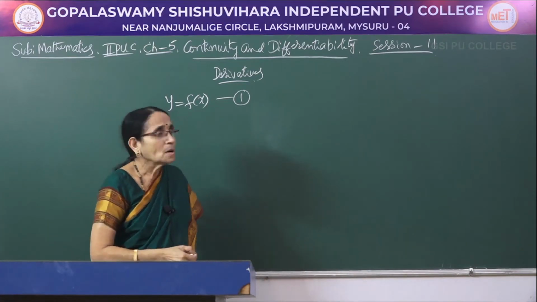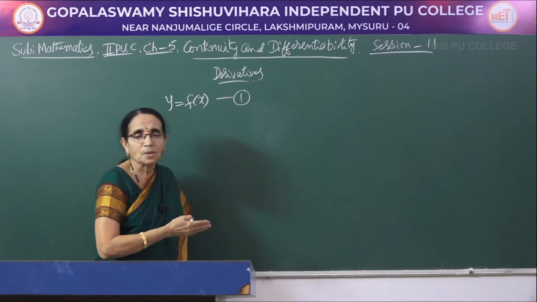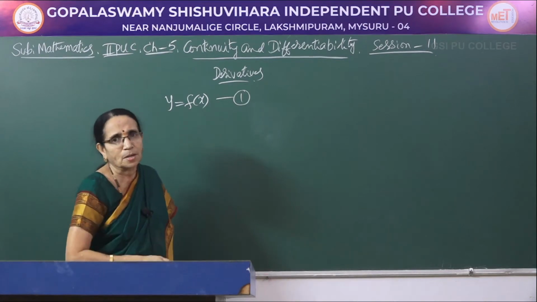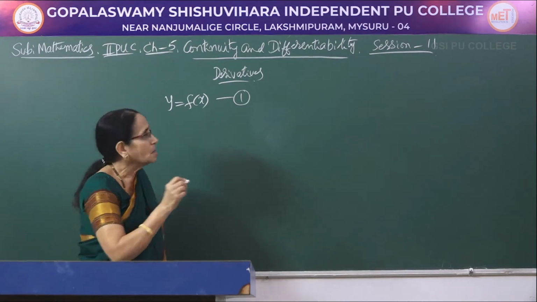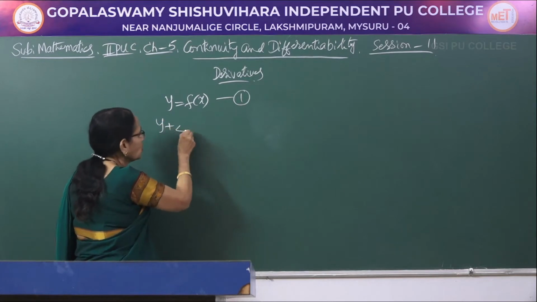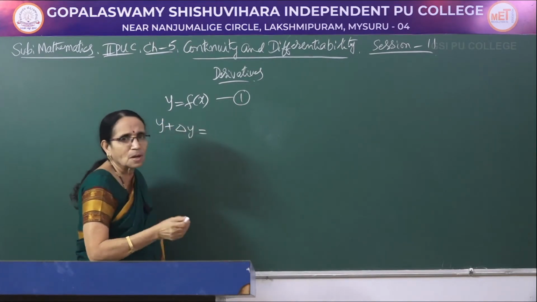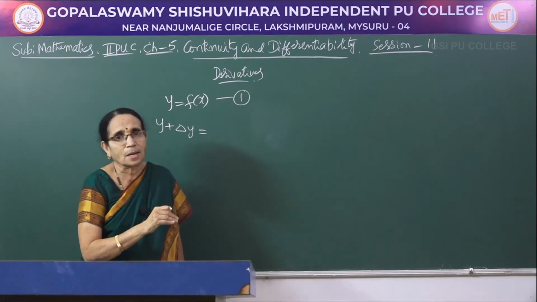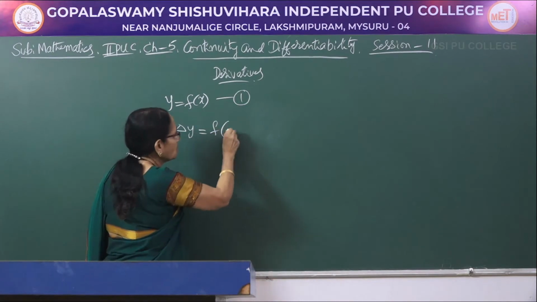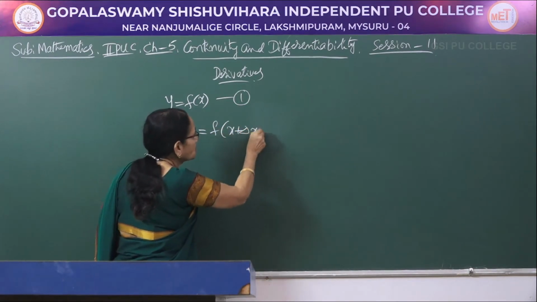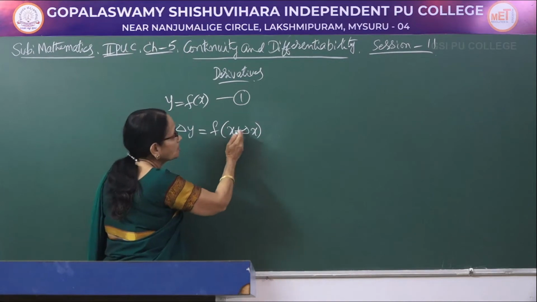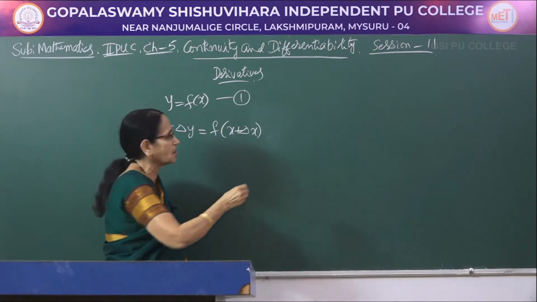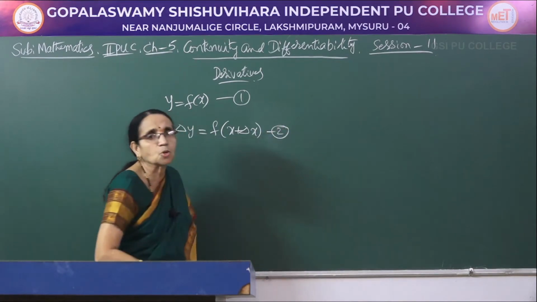Because y depends upon x, the value of y also gets increased by a small quantity, delta y. Now y becomes y plus delta y, because the original function was y and delta y is the increase. On the right hand side, x has an increase in its value. Don't write this delta x separately; it is f of x plus delta x. Take this result as 2.